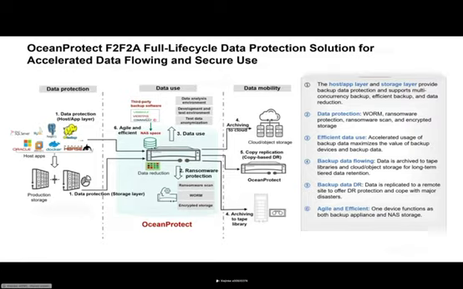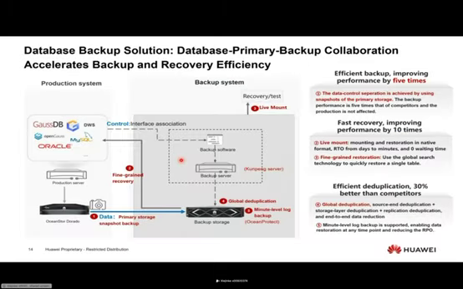And for the database backup solution here, we list the most common database applications: GaussDB, Oracle, and MySQL. For all of these databases, we can support an advanced feature, for example, primary storage snapshot backup.